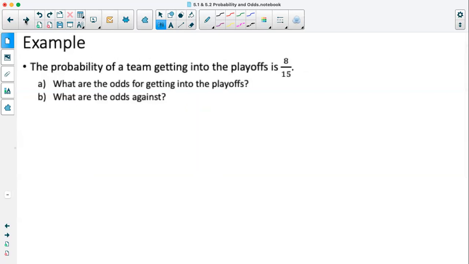Now, next example, the probability of a team getting into playoffs is 8/15. What are the odds for getting into the playoffs? And what are the odds against? Okay, so first thing is we have 15 total attempts.